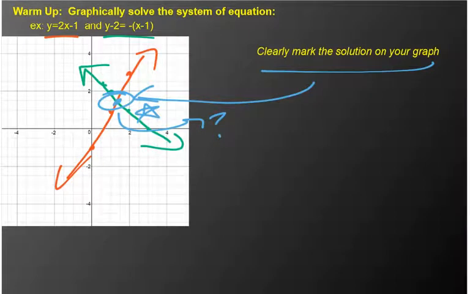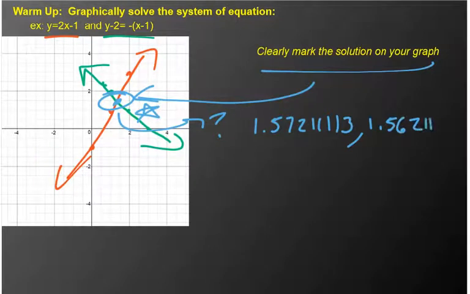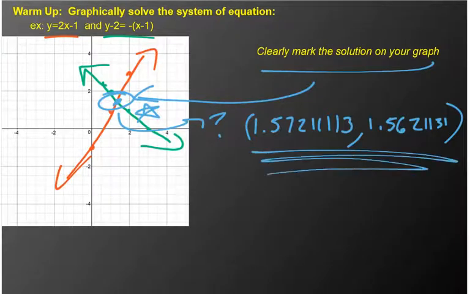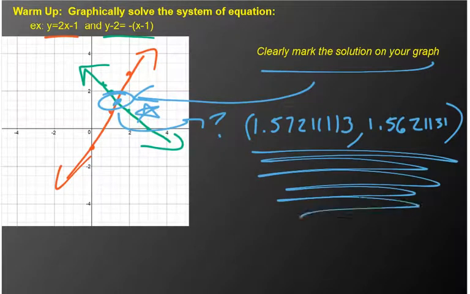It might be something like 1.57211113, comma, maybe 1.56211131. It could be that, and we really don't know. A lot of times in the world, the real solution to a system will be this crazy, messy kind of thing.